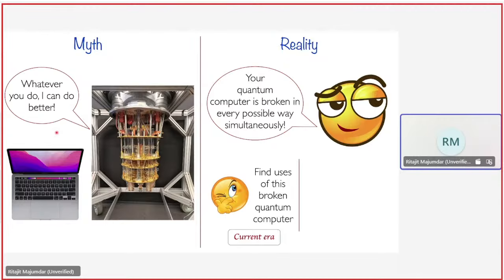The quantum computer is noisy. Almost all of the things that we do on the quantum computer are not ideal. So we can try to find uses of this broken quantum computer, and that's the current era. Many uses have already been found which are way beyond what our classical computers can do even today, even with this broken quantum computer.